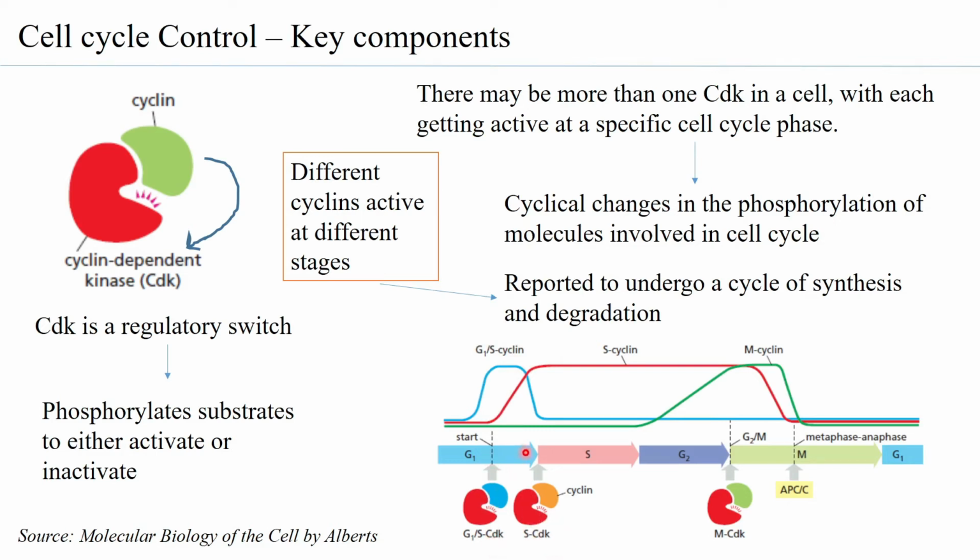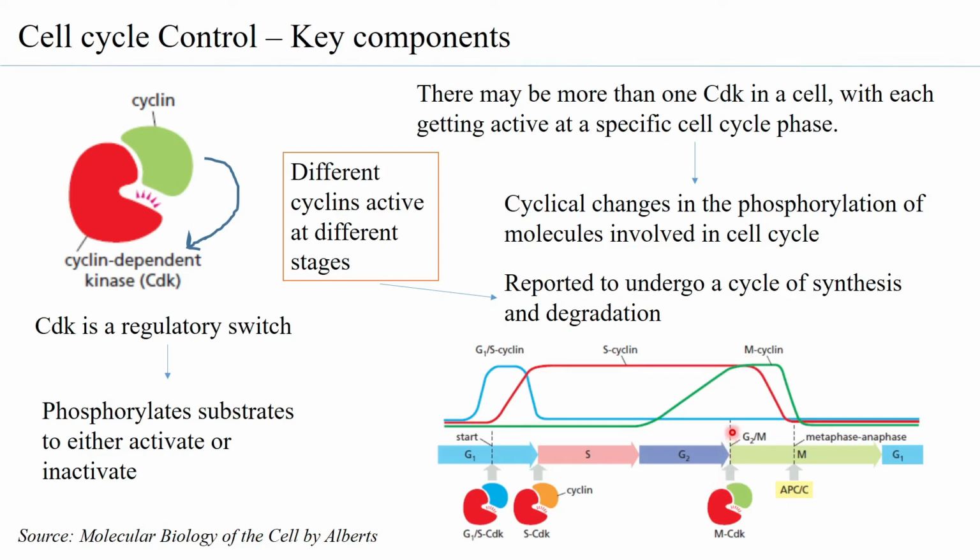Then when the cell enters the S phase, you can see the S cyclin is active, but the S cyclin is active until the G2M transition phase. And you have then MCDK getting active only when it reaches the G2M phase.